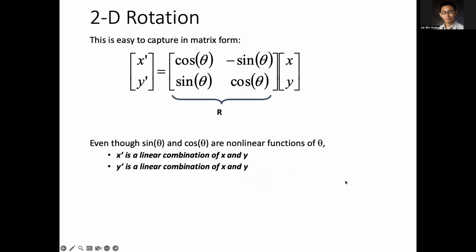Even though sine and cosine are nonlinear in theta, from the perspective of input coordinate x, y and output coordinate x prime, y prime, x prime is a linear combination of x and y, and y prime is a linear transformation of x and y as well, which means you can write this in matrix form.